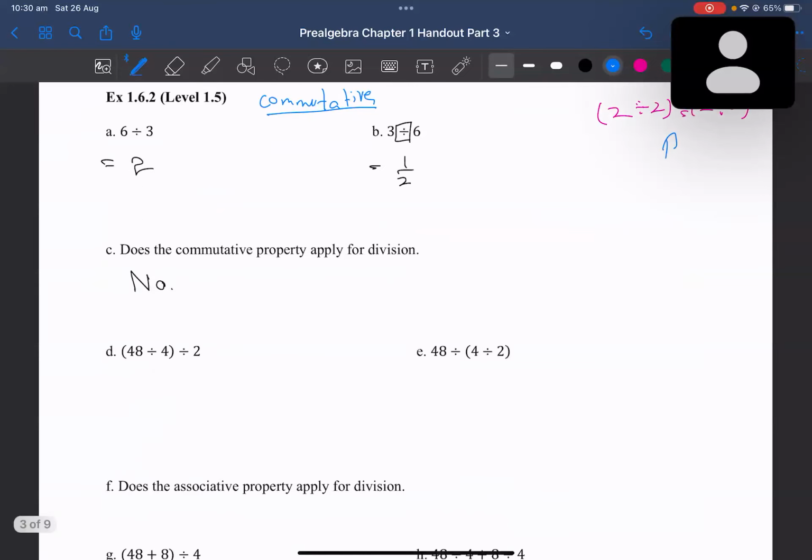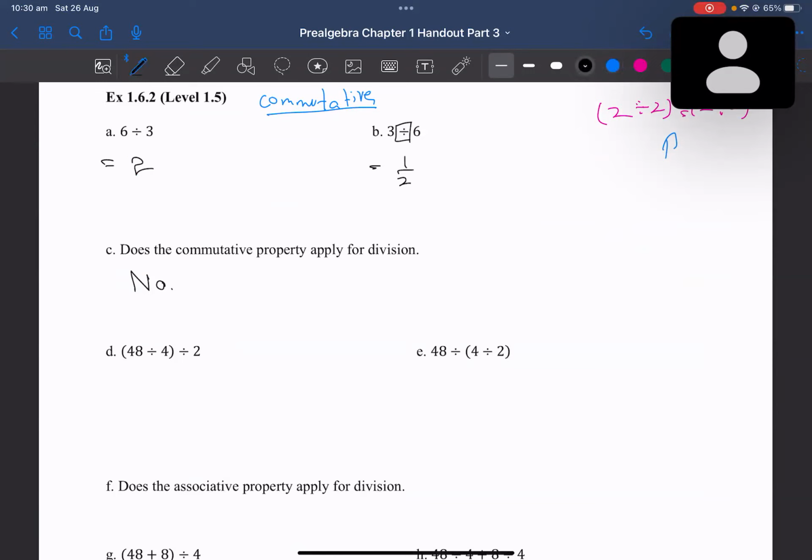Right, so D, E, and F. Let's check if it's associative, which means if there are two divisions, it doesn't matter which one you do first. Do you think that's true? Let's take a look at D and E. If it's associative, we should get the same answer. I want you to give it a go.